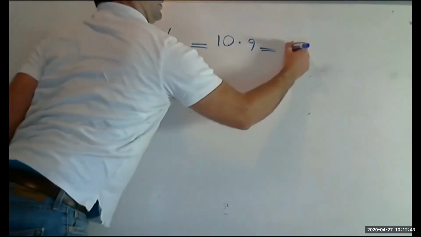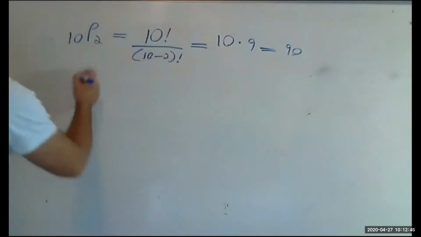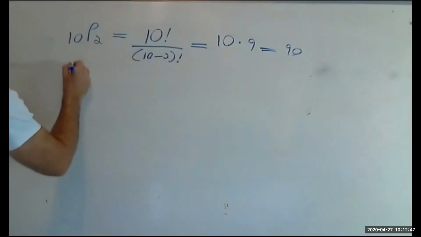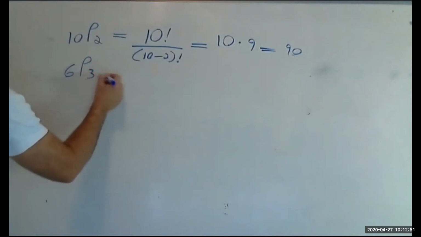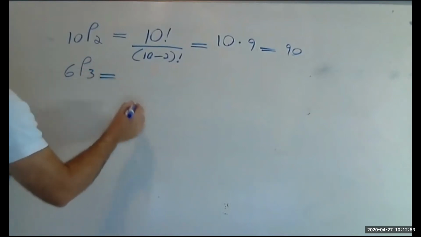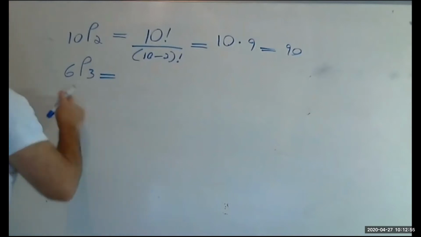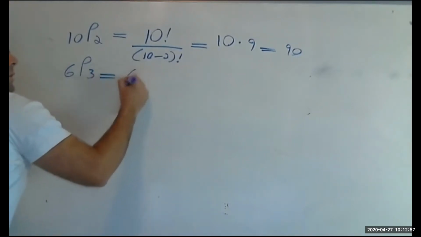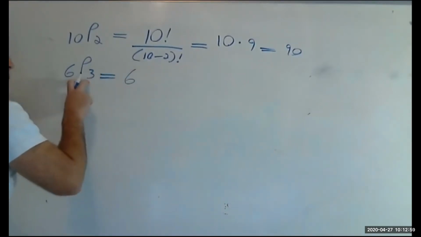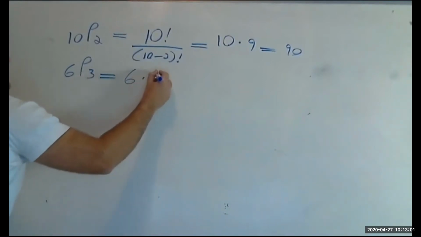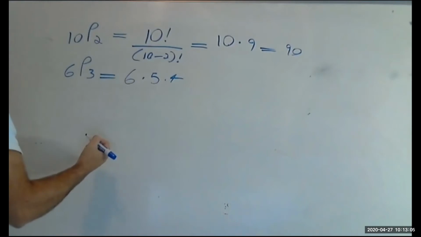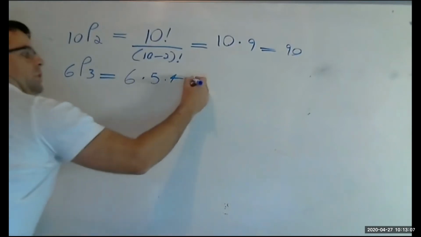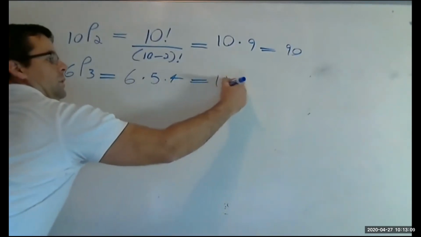And you are correct, you do get 90. You could have 6P3. So we start with 6, but we're going to need 3 of them. So 6 times 5 times 4, which is 120.